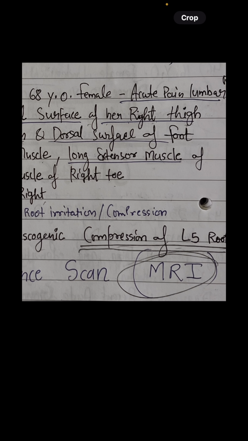You know that when we want to check the soft tissues, we go with an MRI scan. So if we want to know about compression of the L5 root, we will go with an MRI scan. Next, a similar question: there is a diastolic shock above the pulmonary artery and an interval systolic murmur at the cardiac apex. A lot of things are there. We suspect something is wrong with the structure, so we will do echocardiography.